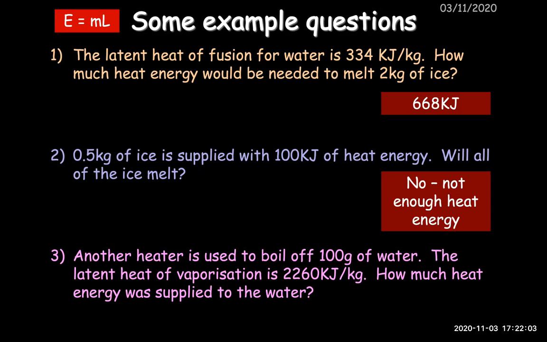So how much heat would have to be supplied to get rid of that? 0.1 times 2,260. Remember to keep the kilojoules on. And that should come back with 226 kilojoules. That's how much energy we'd have to use to boil 100 grams of water.